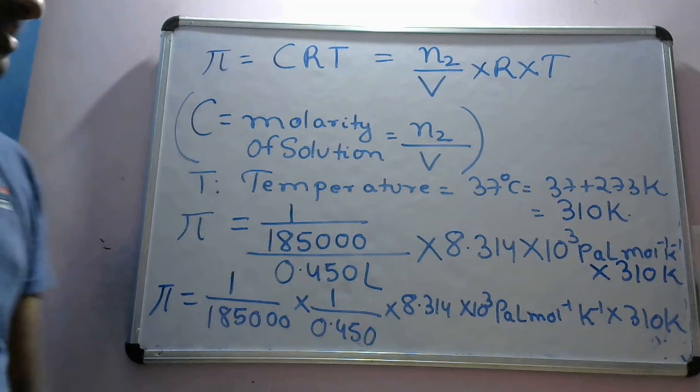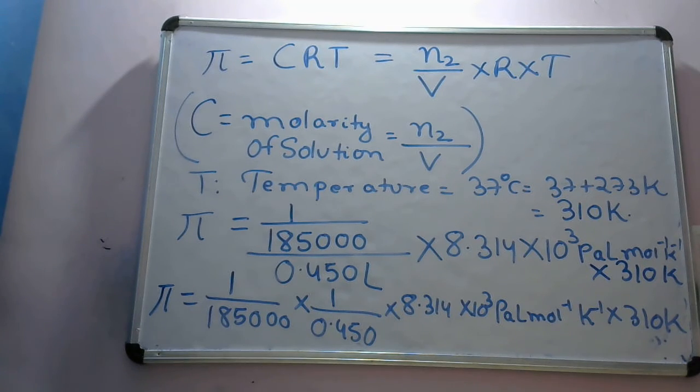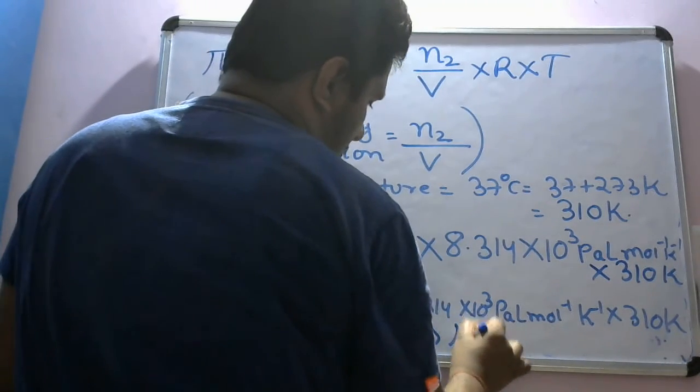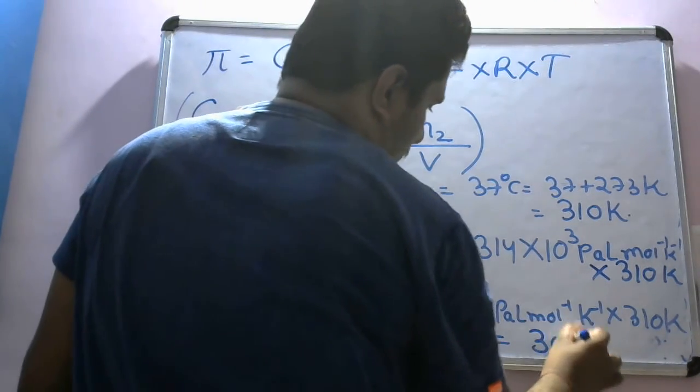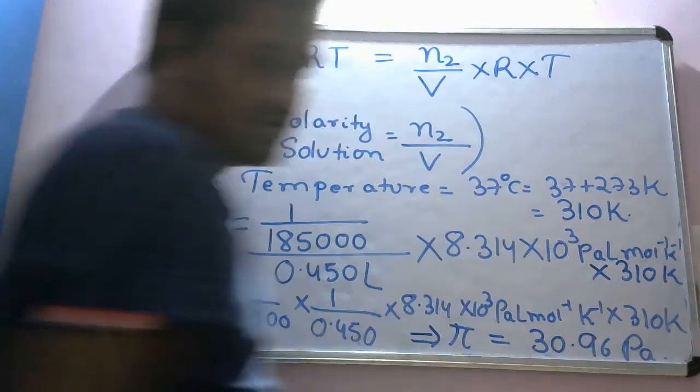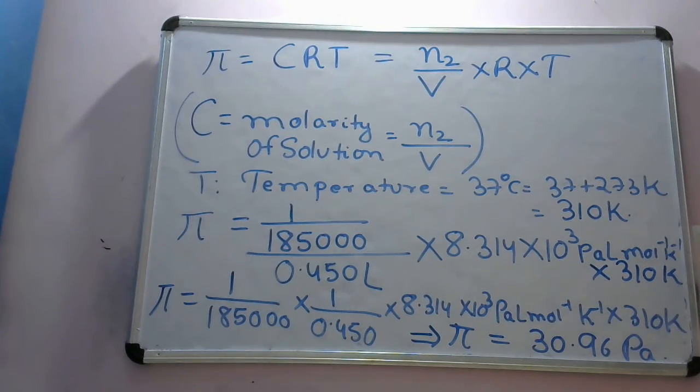When you calculate this value, you will get the answer in Pascal, that is 30.96 Pascal. So we got the value of osmotic pressure pi in Pascal as was asked in the question. That is the answer of this question. Thank you.